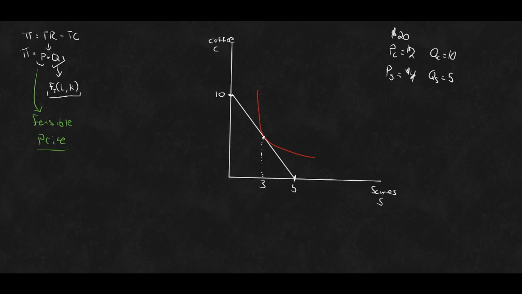So that means we have $8 left over for coffee. At $2 per cup, that means we're having about 4 cups of coffee. Great. So we have our initial level of consumption given this.